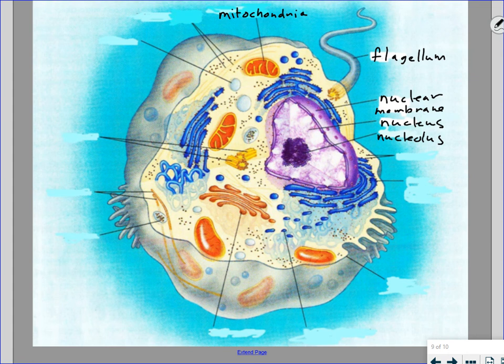So ribosomes, R-I-B-O-S-O-M-E-S. All ribosomes do is make protein. That's it. They take that copied DNA that the nucleolus sends out, and they read it, and they make the protein that those instructions code for.